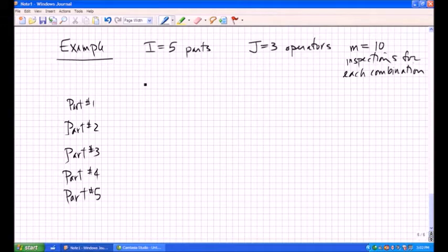And as columns, we're going to have operator 1, operator 2, and operator 3. I messed that up.